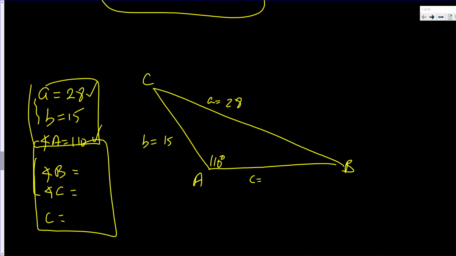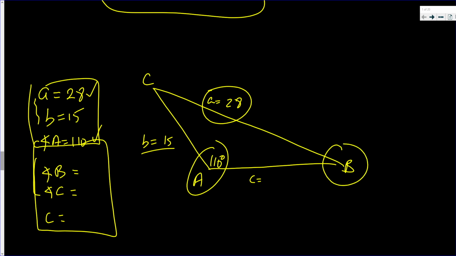So we need to find a pair that we have. Here's a pair that we have. And the only other thing we have is little b.